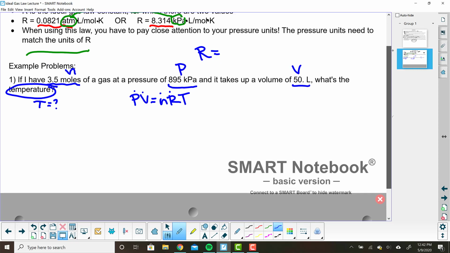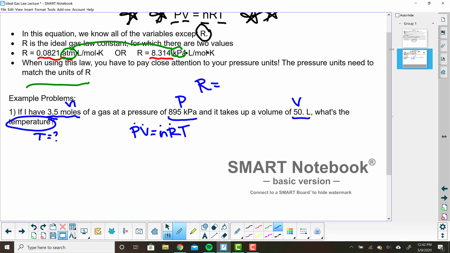Remember, there are two values for R. One has atmospheres for its pressure unit, one has kPa for its pressure units. Since our pressure is in kPa, we need to use the second value of R. So R equals 8.314 kPa times liters over moles times Kelvin. This is a very complicated unit, but you'll see it all works out.